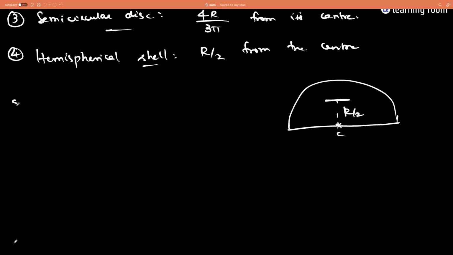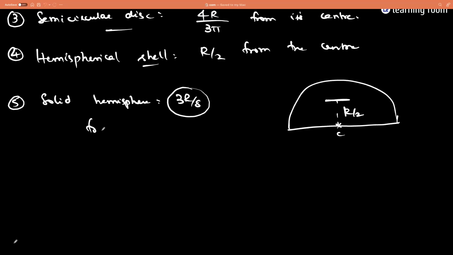Fifth one is, if I have a solid hemisphere, the answer will be 3r divided by 8. This is also from its center.